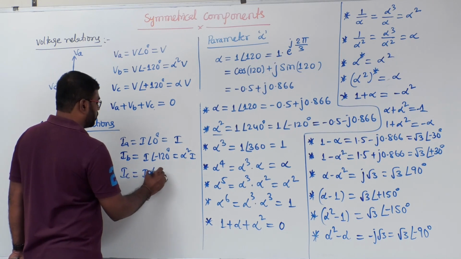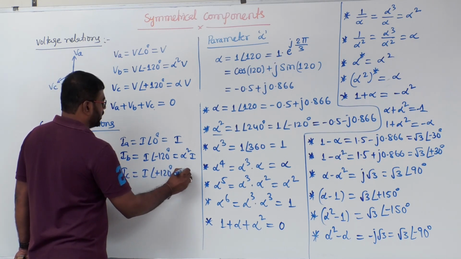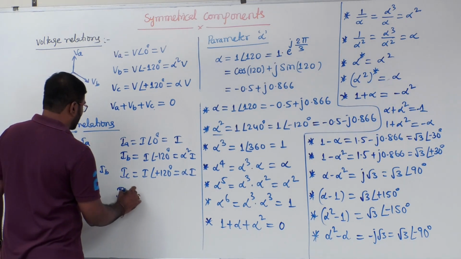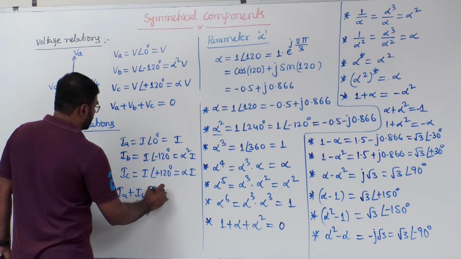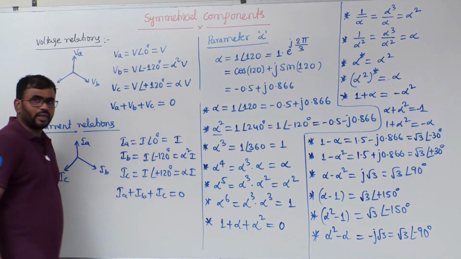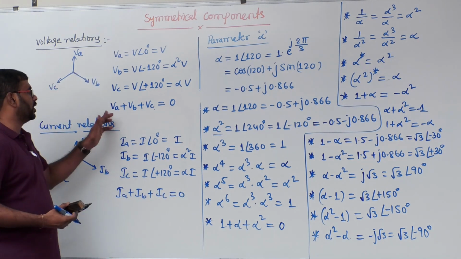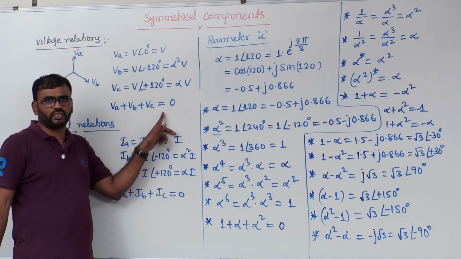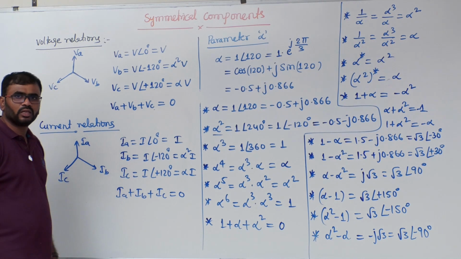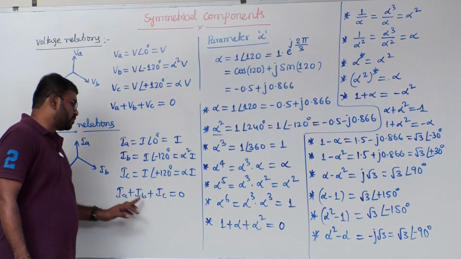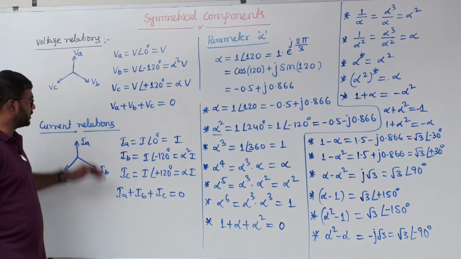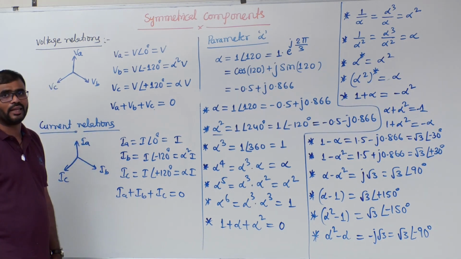I at an angle plus 120 degrees, that is alpha I. So again, IA plus IB plus IC equals 0. In a balanced system, the sum of the A phase, B phase and C phase voltages is 0, and the sum of the A phase, B phase and C phase currents is 0.